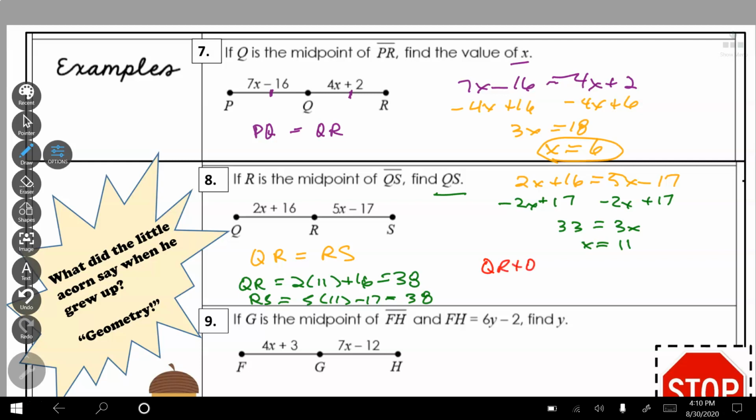QR plus RS is equal to QS. So 38 plus 38 is equal to 76, and that is how long QS is, or twice as long as one of those segments.